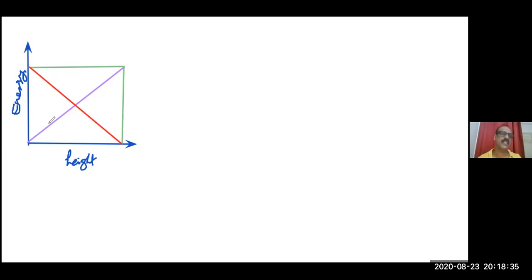This is potential energy, EP. And this is kinetic energy, EK. And total energy is this. That means as height increases, potential energy increases but kinetic energy decreases. Total energy is always the same.